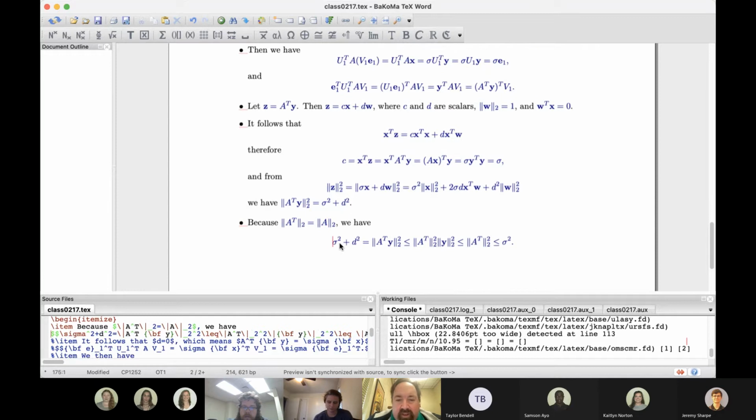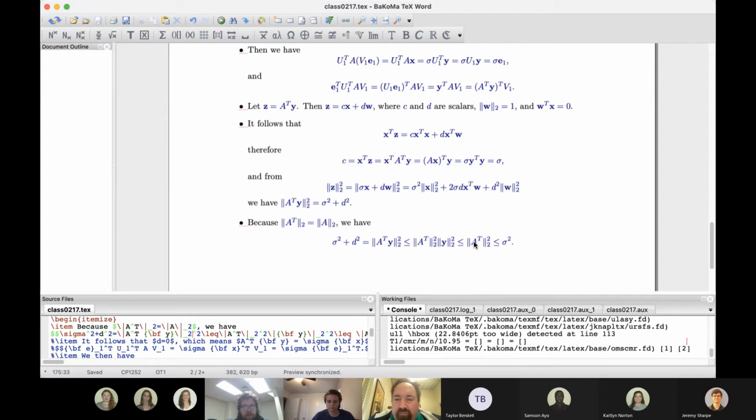Well, okay, so sigma squared plus D squared, that's the 2 norm of this vector squared. But using properties of norms that you would have used in homework, this is less than or equal to the norm of A transpose times the norm of Y, all squared. But the norm of Y is 1. So I'm just left with the 2 norm of A transpose squared.